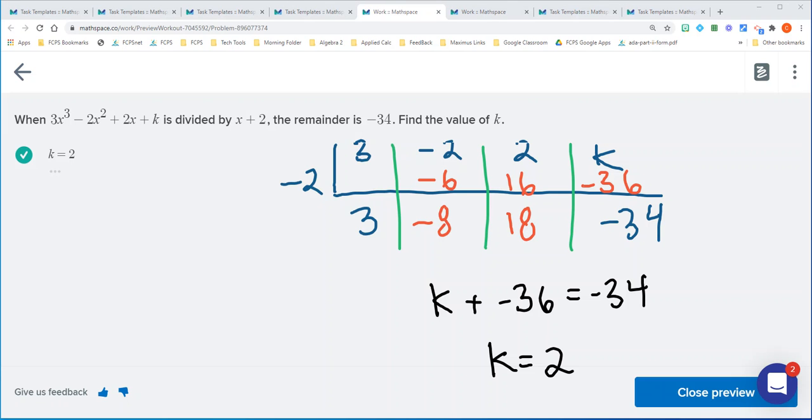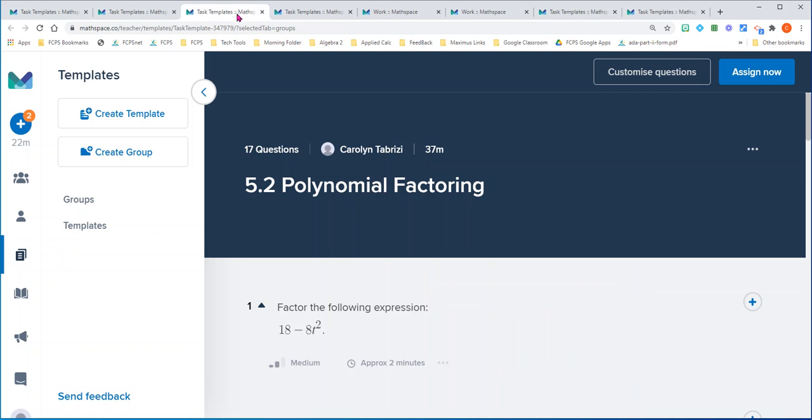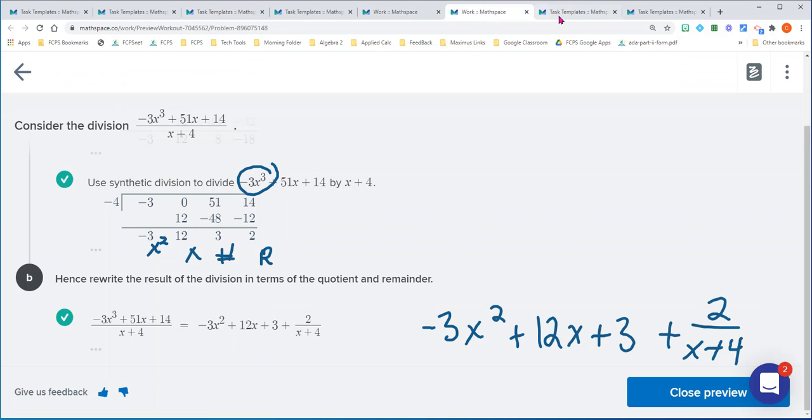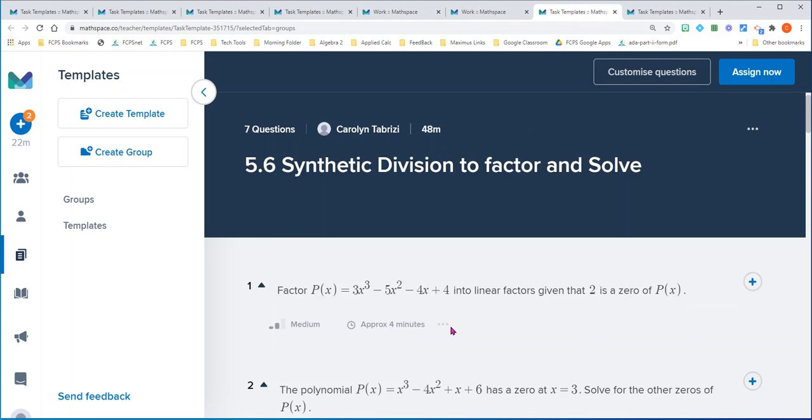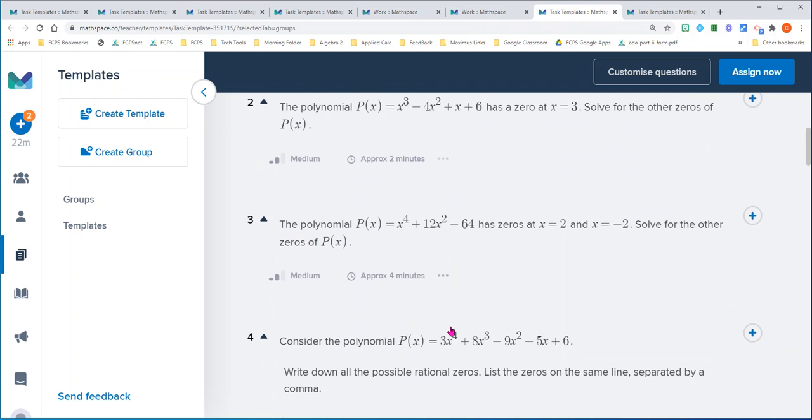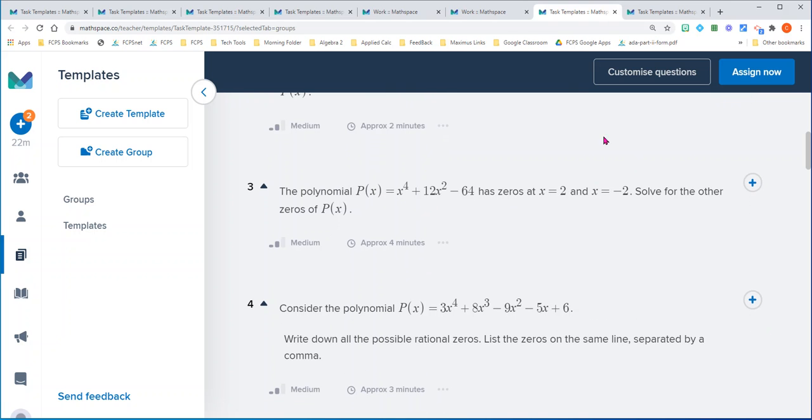Okay, there is a full video of 5.6 questions posted. And then we did 5.7 in class. Although there was a specific question for 5.6, number 3. So I'll go ahead and do that one. Now, notice here that you could do this the synthetic division way, or you could do this the regular factoring way.